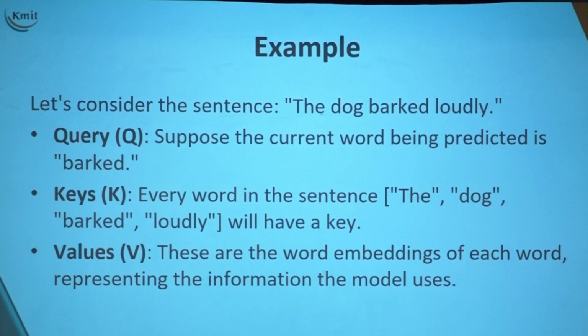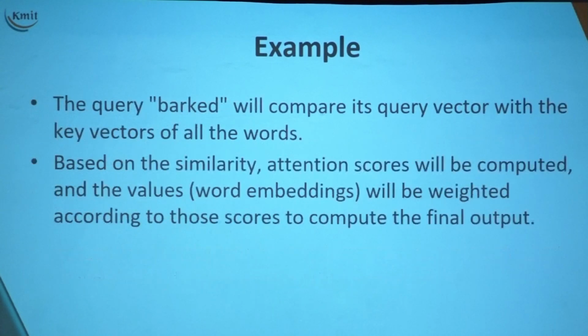Value will be the word embeddings of each word, representing the information the model uses. Now, the query, that is the word to be predicted, barked, will be compared with all the key vectors. Query vector will be compared with all the key vectors.